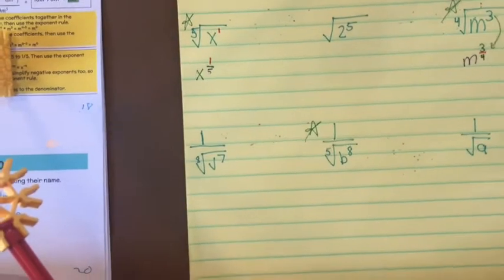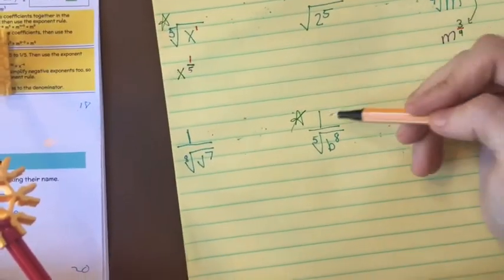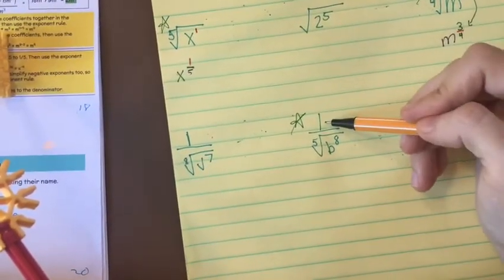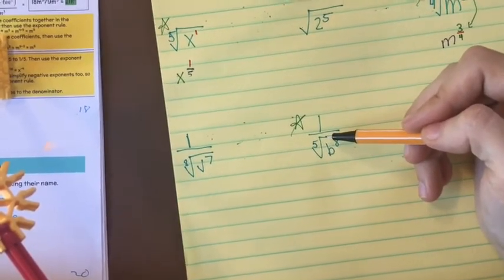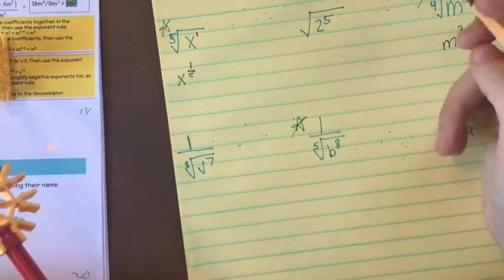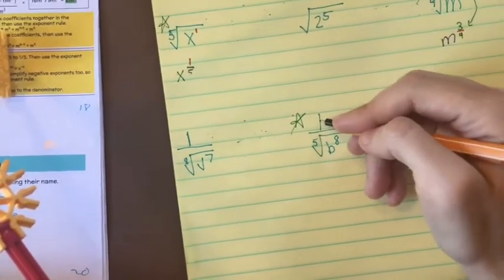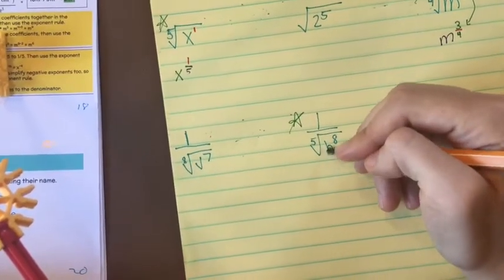Good. Last one we're going to look at here. Oh, geez. Just like we did on the last one, we have a 1 over something. So that means our exponent fraction is going to have to be negative because it's written as 1 over this root symbol here.